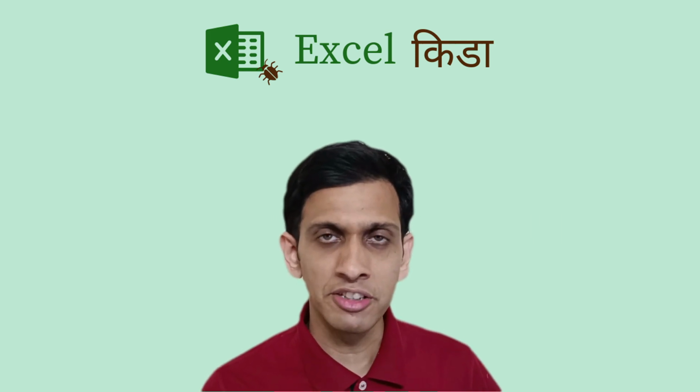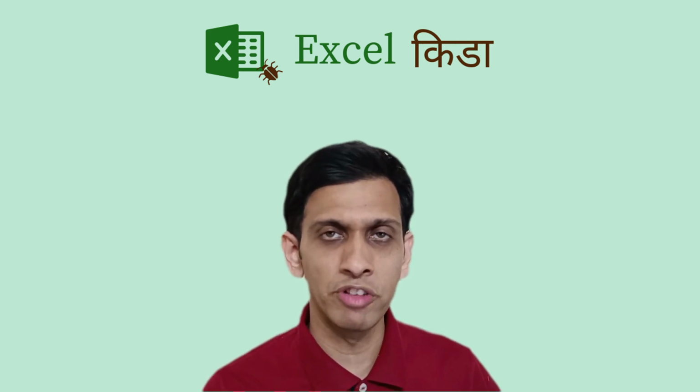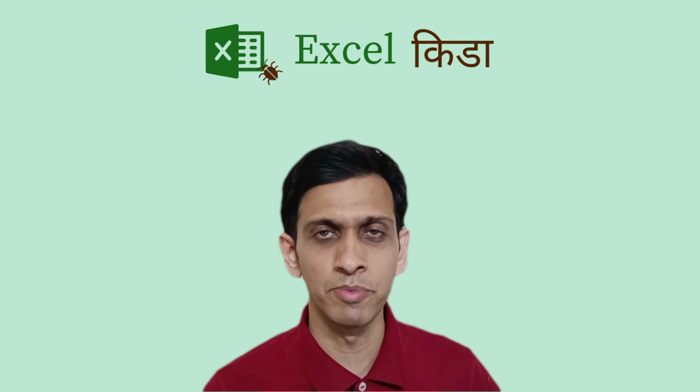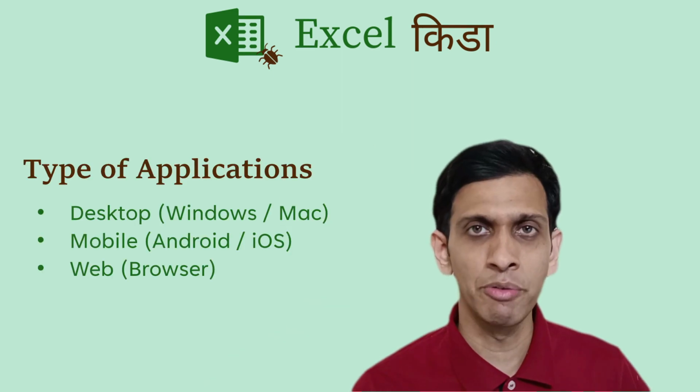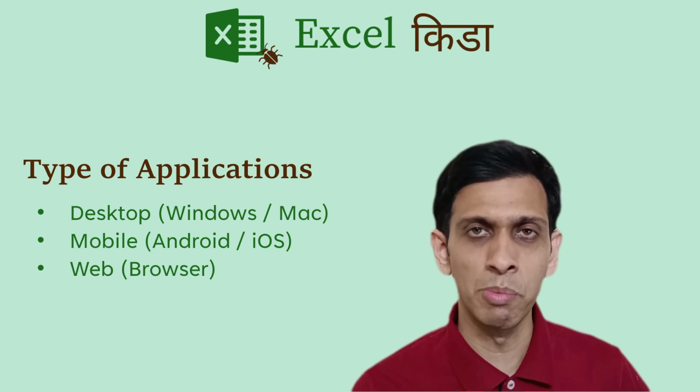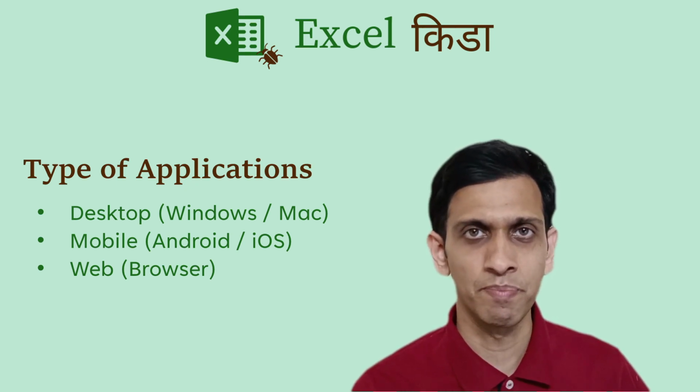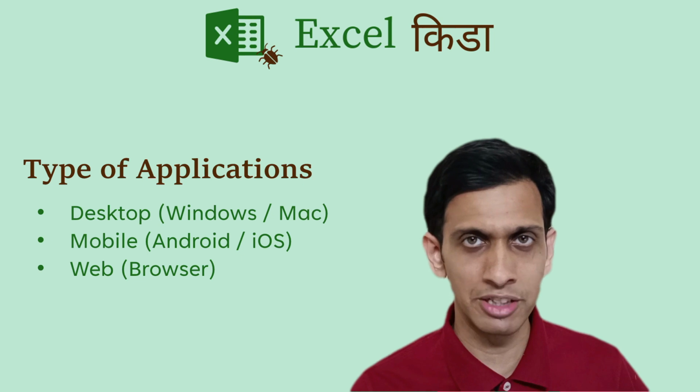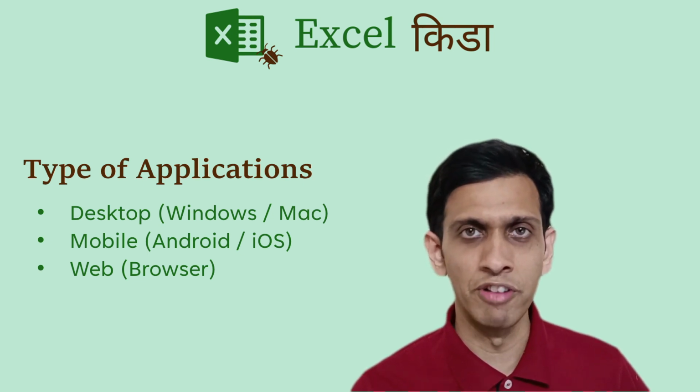Microsoft Excel is available for multiple types of devices and operating systems. So primarily we would classify it as desktop based, mobile based and browser based. Now coming to the desktop based, it is available for Windows and Mac OS. Desktop is mostly the powerful one with the majority of the features.